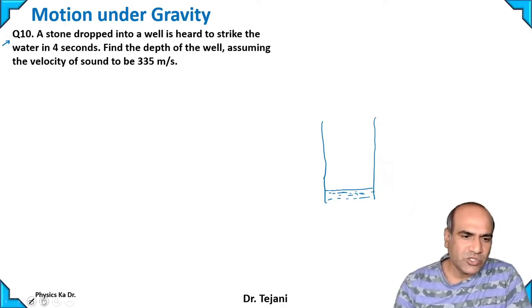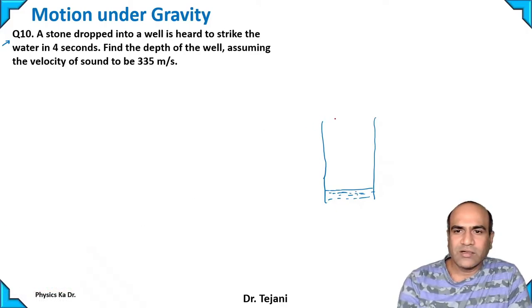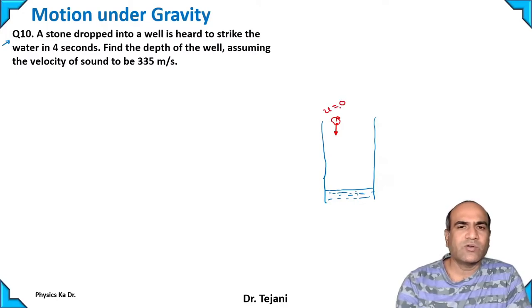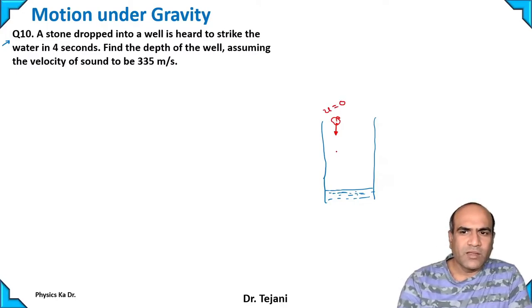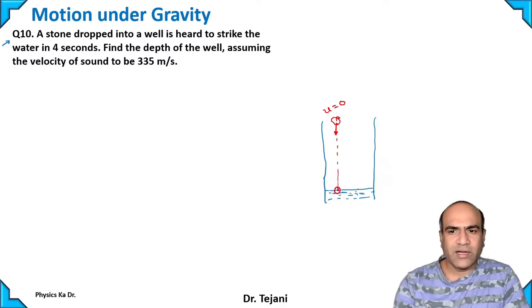A stone is dropped. Let's have a red color stone. A stone, it is thrown from the top, right? So the initial velocity is 0, not provided any velocity, and it goes to the bottom. It strikes here somewhere, and because of that strike, sound is created.